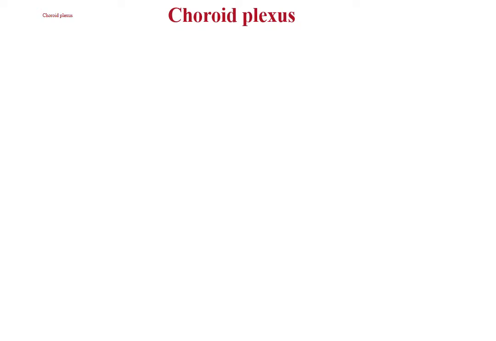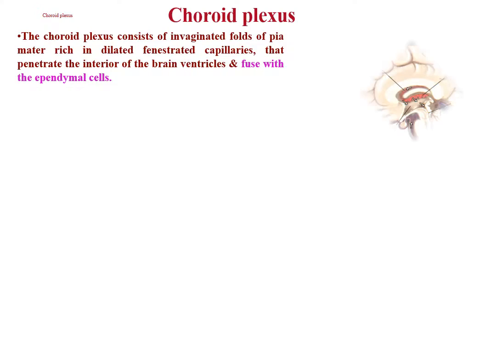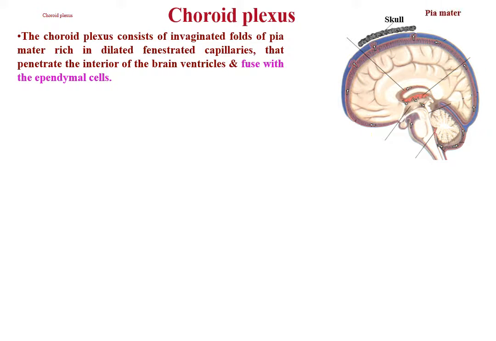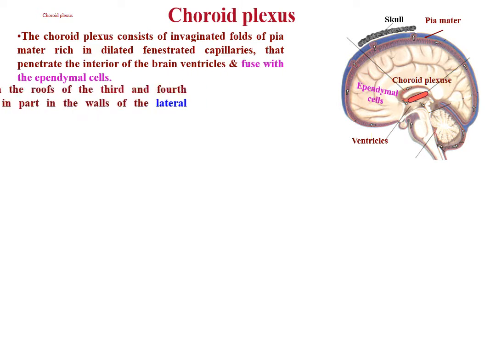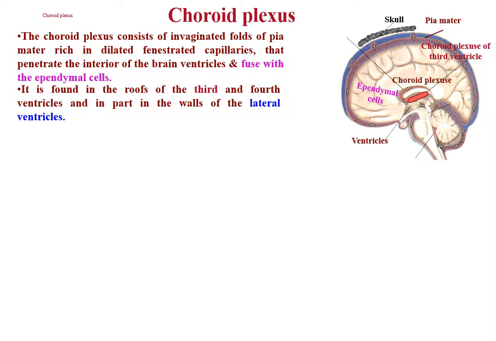Choroid plexus. Choroid plexus consists of invaginated folds of pia mater rich in dilated fenestrated capillaries that penetrate the interior of the brain ventricles and fuse with the ependymal cells. It is found in the roofs of the third and fourth ventricles and in part in the walls of the lateral ventricles.